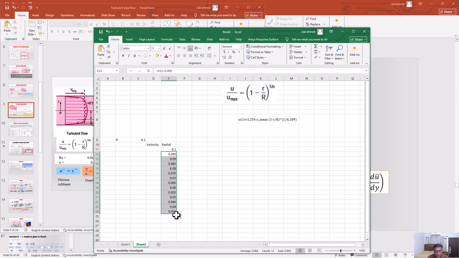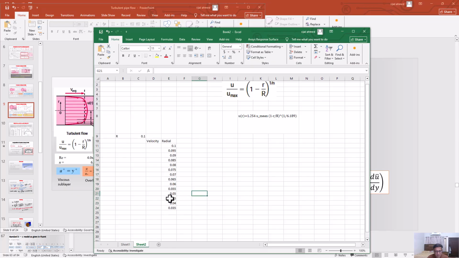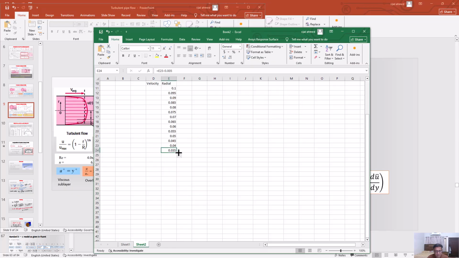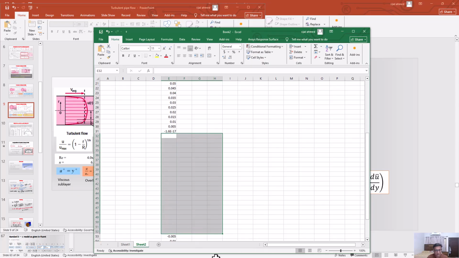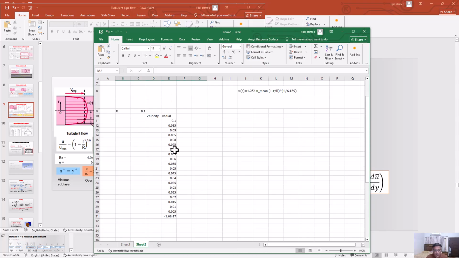I have to go up to 0, and the 0 is over here. You can have more accuracy and put a difference of maybe 0.0025 or 0.001. It's your choice.